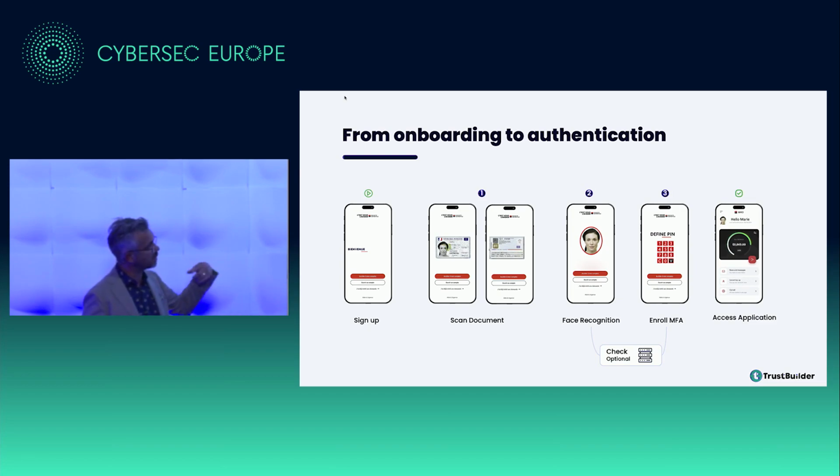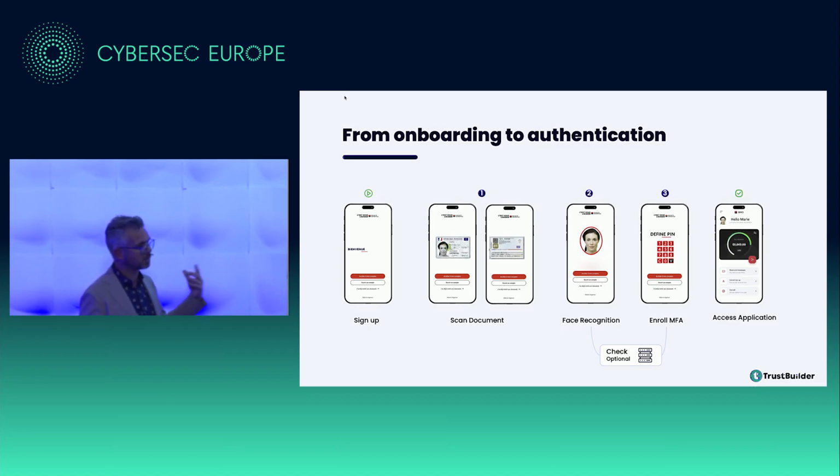In the next step, he needs to set his PIN. His PIN is for the MFA, and automatically that will be enrolled behind the scenes. The user will not define anything. He can then activate the biometrics of his device, so he doesn't need to use that PIN anymore, and then he has access to the application.